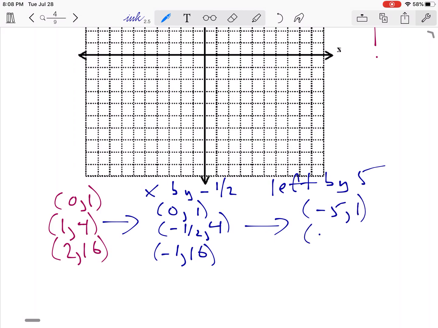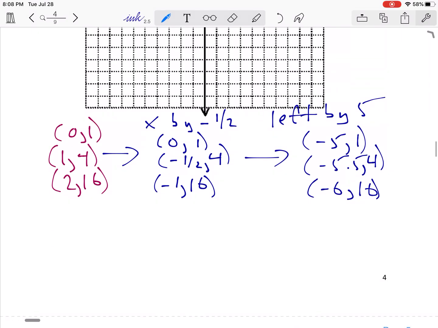You've got -5.5 and 4. And then you've got -6 and 16. And then the last thing here is these values are going to go down by 3, because it's -3.